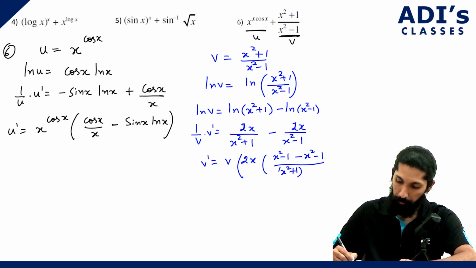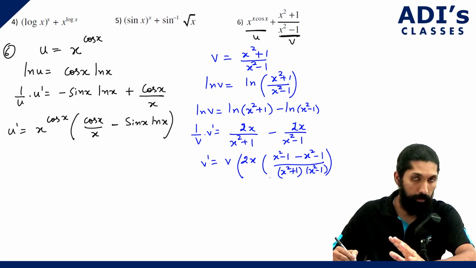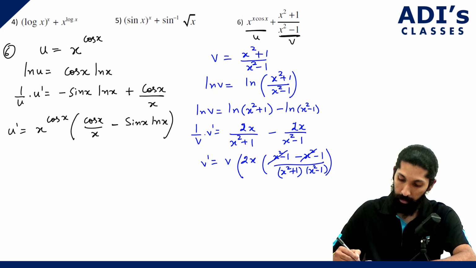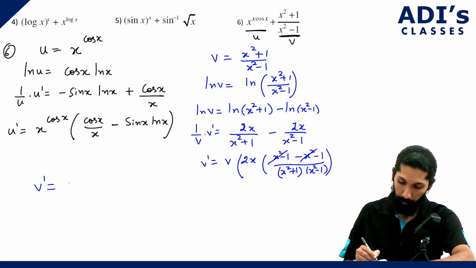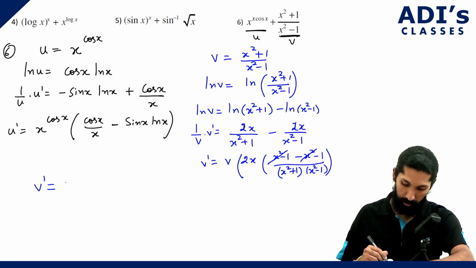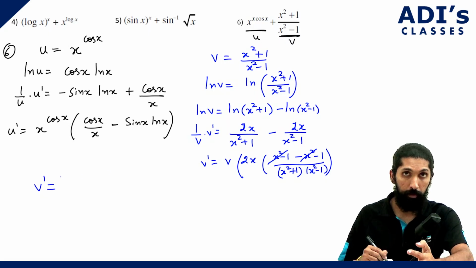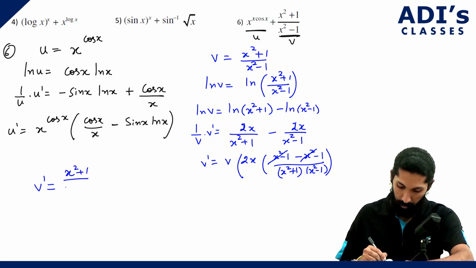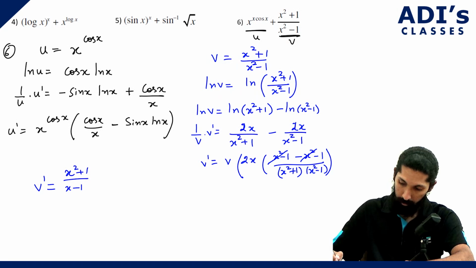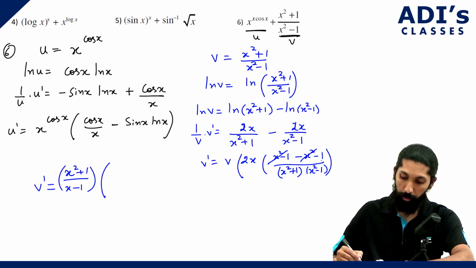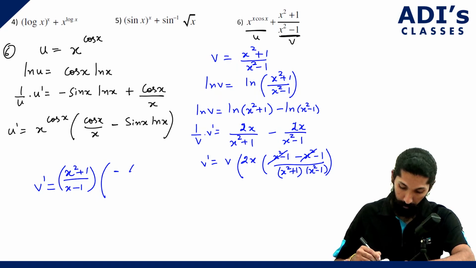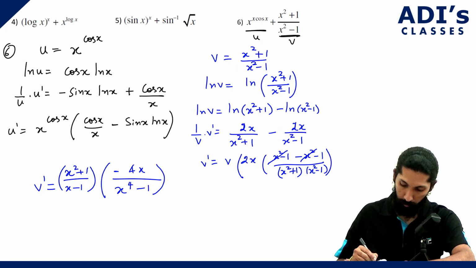We just took the LCM. X square cancels. So v dash is equal to v into, where v is x square plus 1 by x square minus 1, into 2x into minus 2, that is minus 4x by x power 4 minus 1. Guys, this is v dash.